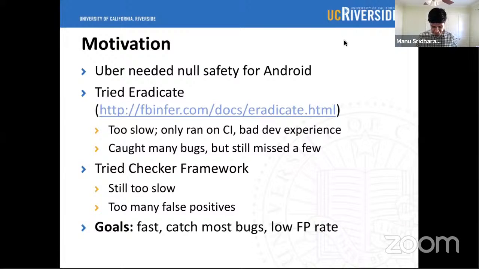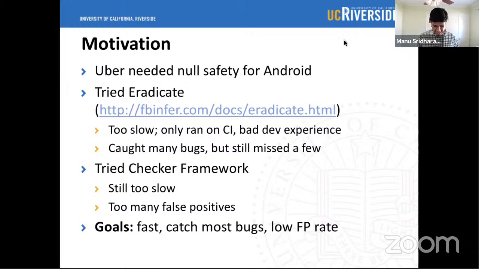So we also tried the Checker Framework, and there were still issues with the build time overhead being too high. And also, we found that there were too many false positives. And here, what I mean was that in some sense, the annotation burden was too high. You had to add a lot of annotations, but those weren't actually catching more real bugs in our experience.